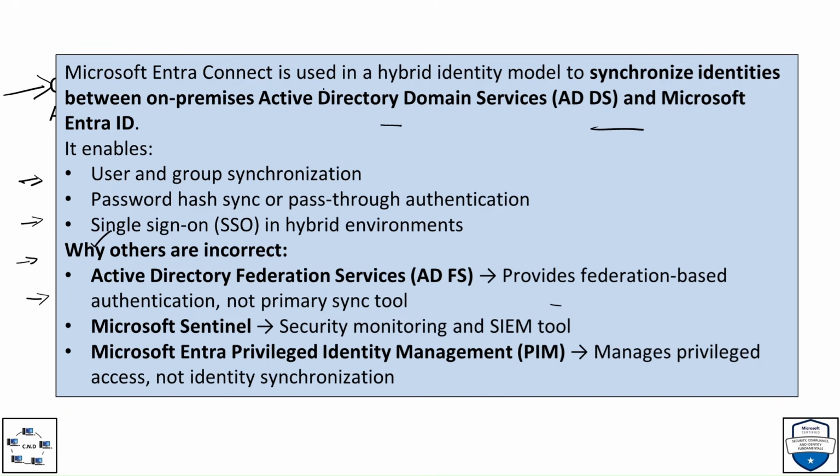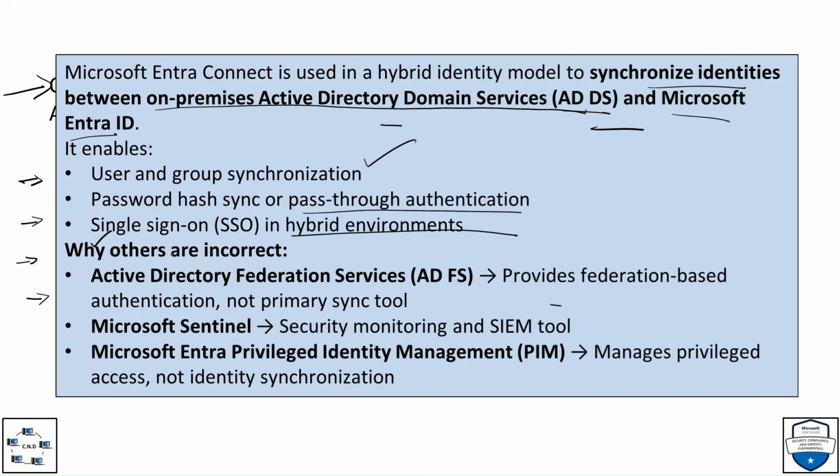So Microsoft Entra Connect is used in a hybrid identity model to synchronize identities between on-premises Active Directory Domain Services, that is ADDS, and Microsoft Entra ID. It enables user and group synchronization, password hash sync or pass-through authentication, and single sign-on in hybrid environments.